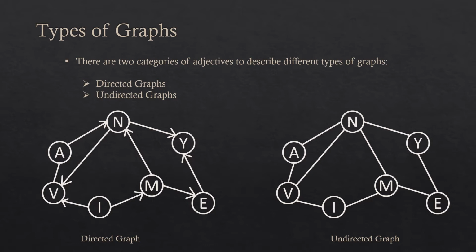The edge which is showing only one connection is known as a directed edge, and the edge which doesn't show in which direction, that means it is a two-way direction edge, that is an undirected edge. So a graph containing all undirected edges is known as an undirected graph, whereas the graph showing directed edges is known as a directed graph.